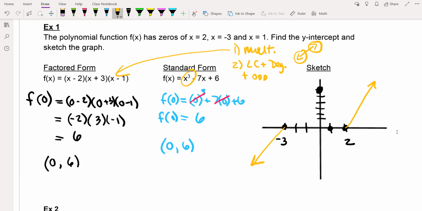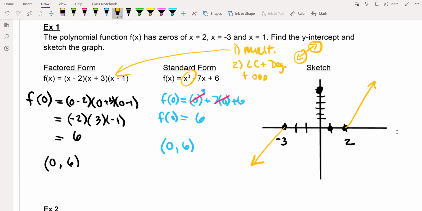Now from there, I just have to kind of connect the dots. Since I look at factored form, the multiplicity of all of these is 1, or an odd exponent for each one of my factors, which means at every 0 it's going to pass through.